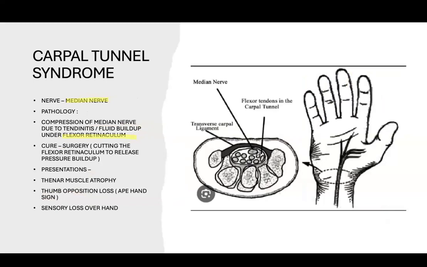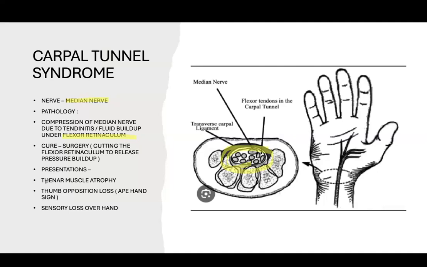Sometimes we might have tendonitis of one of the tendons, or we might have fluid buildup, which causes compression of all of the tendons within this compartment, right? All of these tendons could be affected. And how you cure this is by making a split in the transverse carpal ligament or the flexor retinaculum, allowing for the pressure to be released.